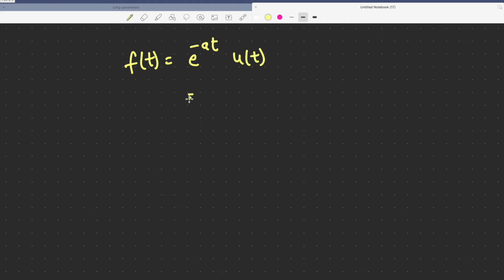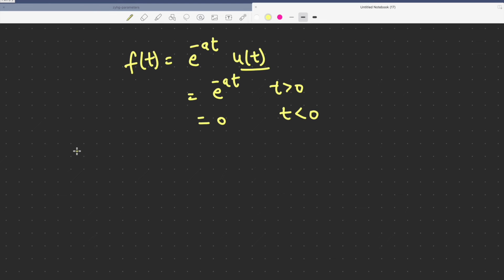So for t greater than 0, it will be e to the power minus at, and for t less than 0, it will become 0. That's why we are taking only positive time. So every function will be multiplied with u(t).